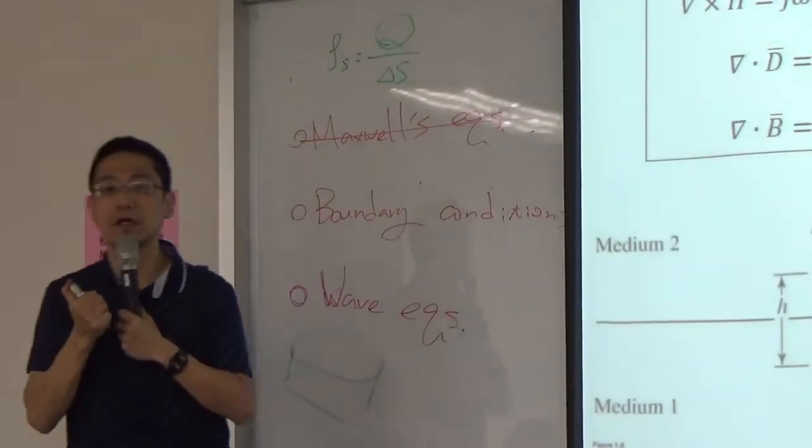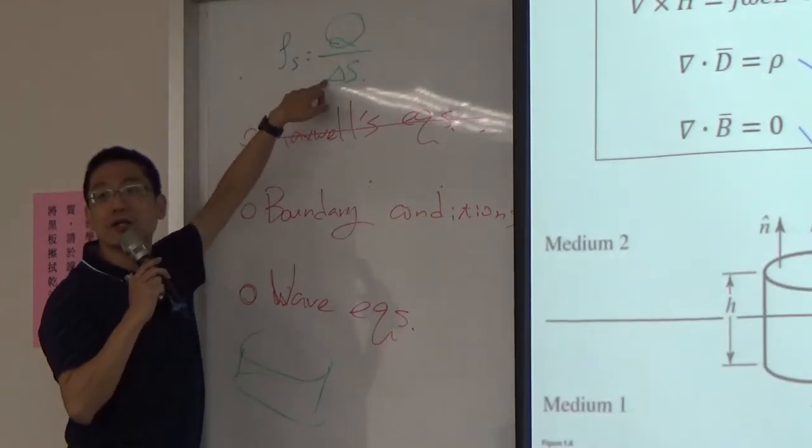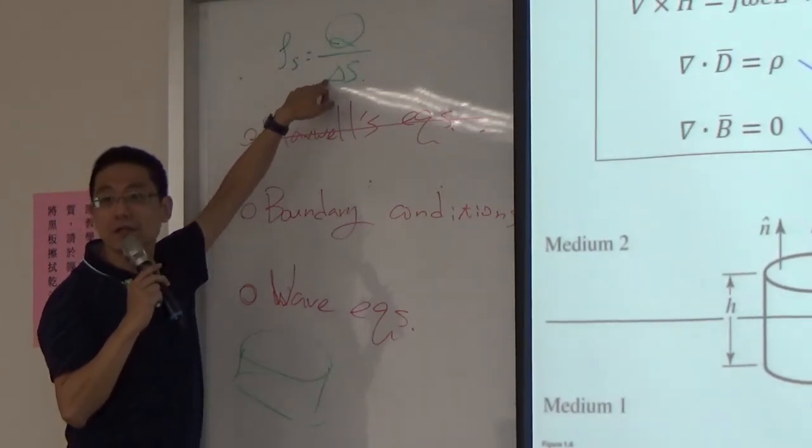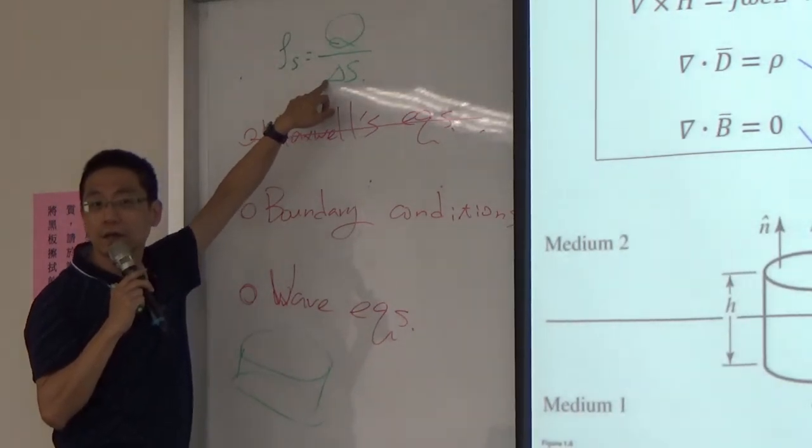So this is another notation. This is the charge surface density. Okay?